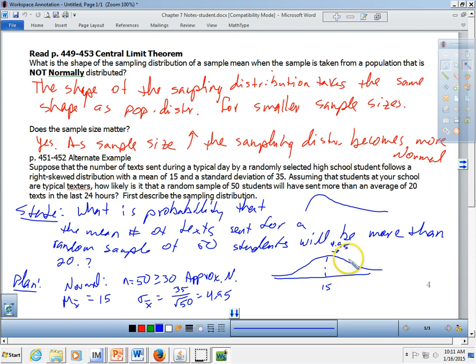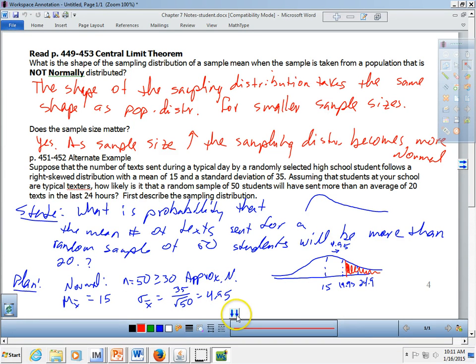Remember, this sampling distribution is supposed to give us an idea of how often samples would give us a certain mean if we're pulling from a population as described above. So I'm going to add 4.95 to 15 and get 19.95. Add 4.95 again and get 24.9, and that'll get us as far out as we need, because I want to be at 20 or more.